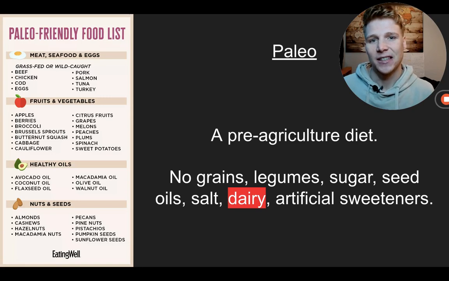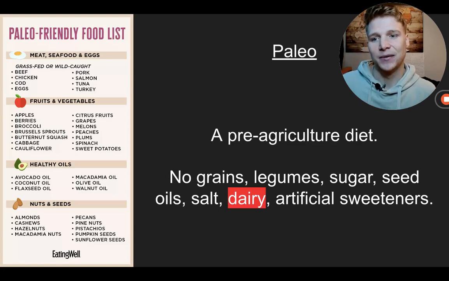So that's only about 5% of our species' existence that we've had agriculture, and for 95% of the time we were eating basically a paleo diet. So that's where it kind of came from originally.